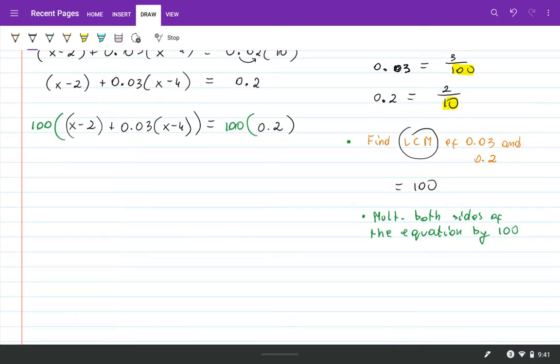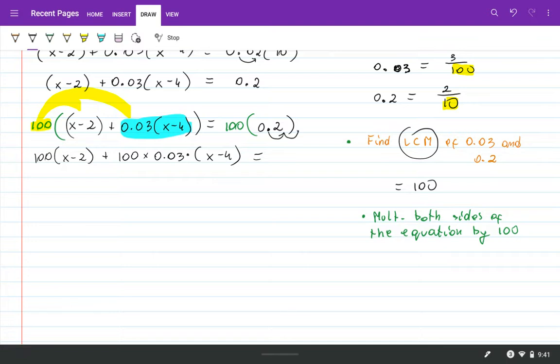And now we're going to distribute. So you take that 100 and multiply by the first parenthesis, and you take that 100 and multiply by the second expression right here. So we have 100 times x minus 2 plus 100 times 0.03 times x minus 4. Since here you only have multiplication, you treat that as one term, equal 100 times 0.2, which means move your decimal 2 units to the right, so that will become 20.